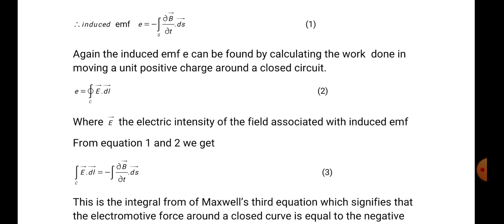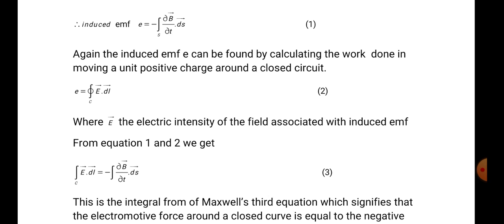What is the significance of that? The electromotive force around a closed curve is equal to the negative time rate of change of magnetic flux through the surface bounded by the curve.